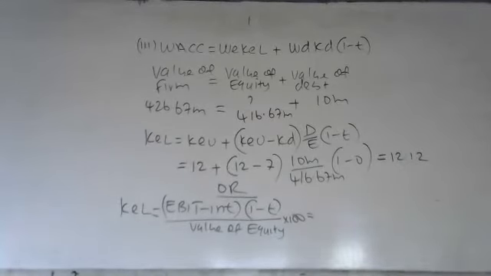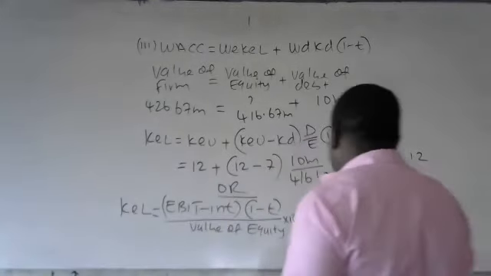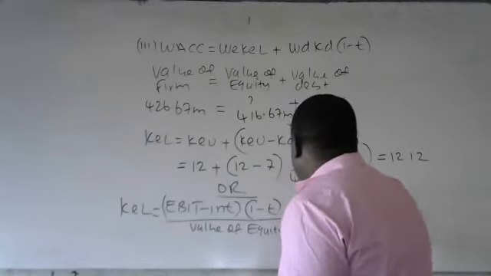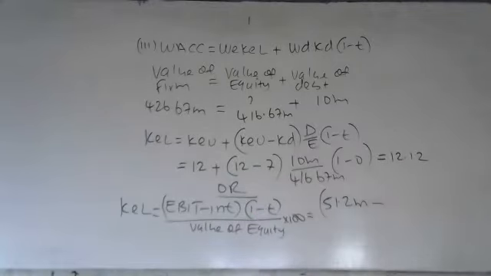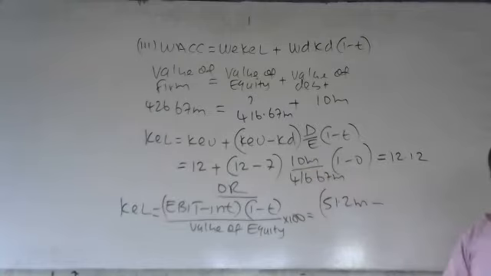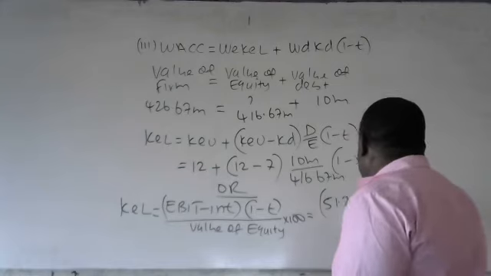Earnings before interest and tax we had already calculated, you remember, 51.2 million. So we subtract interest. The amount for the debt is 10 million and the interest rate is 7%, so 7% of 10 million is 0.7 million.